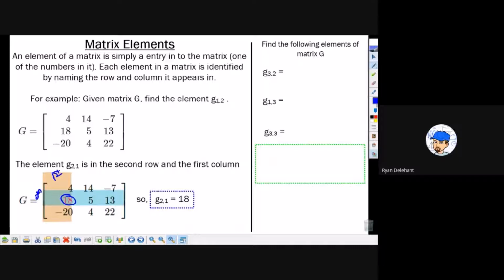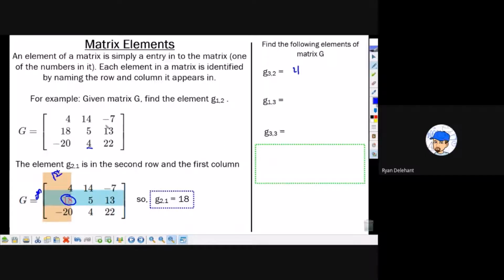Guys ready? What's first one? So what row? Third row, second column, right? So which one's the third row, the top or the bottom? So third row and second column should give us the 4.